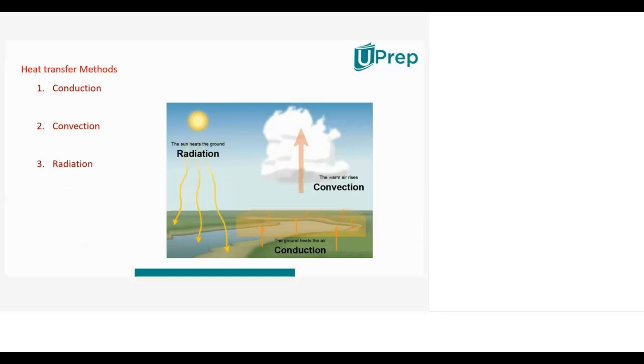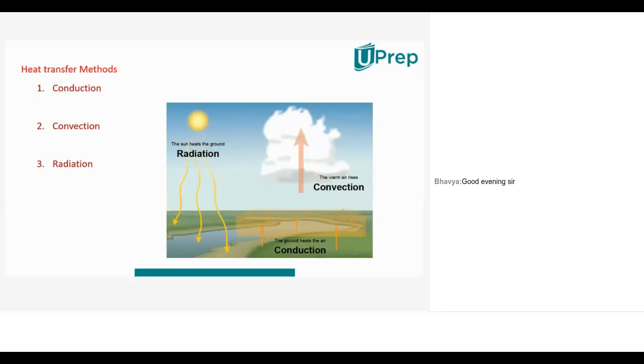In how many ways transmission of heat energy takes place, that's what we are going to learn today, along with a few applications. So let us start discussing transmission of heat energy. Heat can be transferred in three different methods.